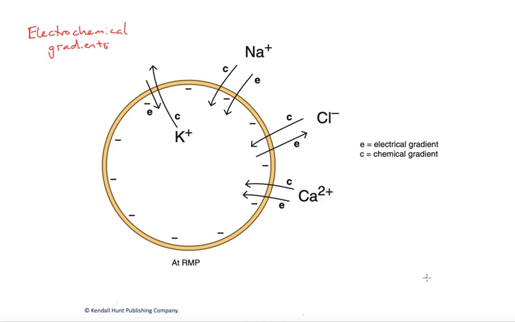So as you've seen previously, the cell membrane and its specific membrane proteins set up chemical gradients for a variety of electrolytes, ions.